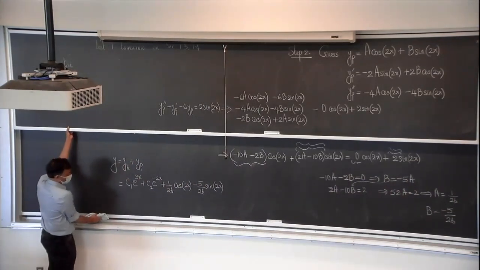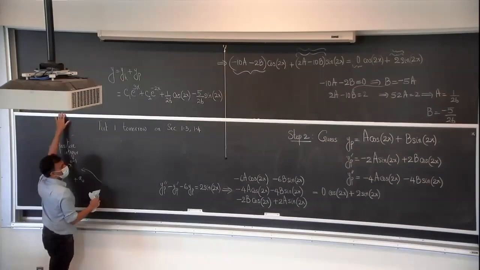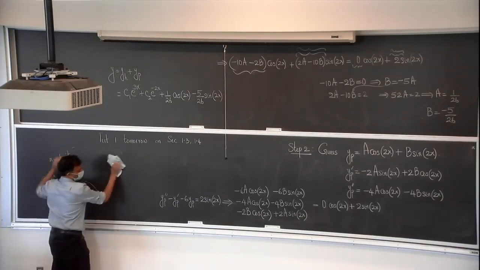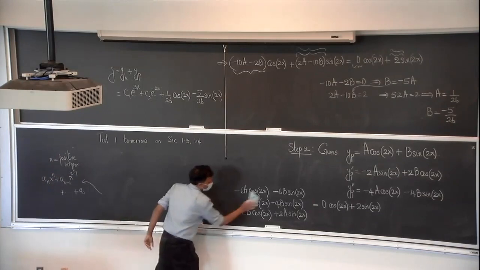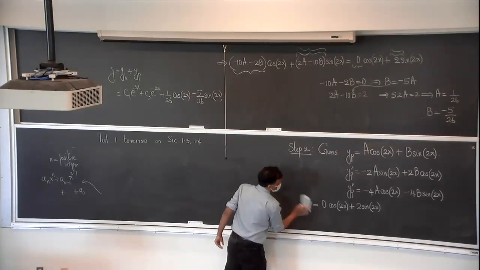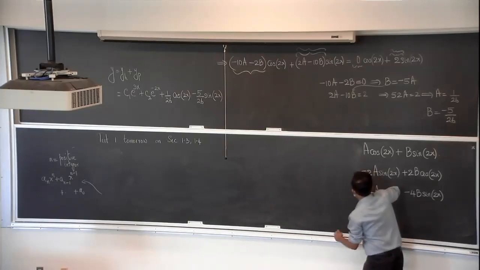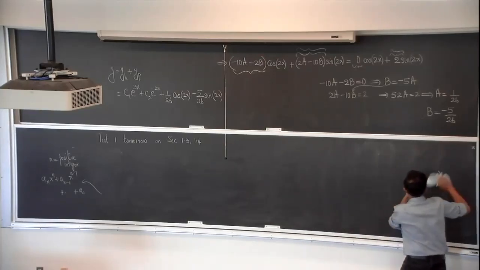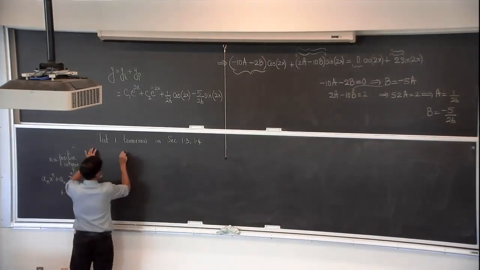Now let's do the last one, which is polynomials. I'm going to erase this part here. So case 3, f of x equal to a polynomial of degree n.